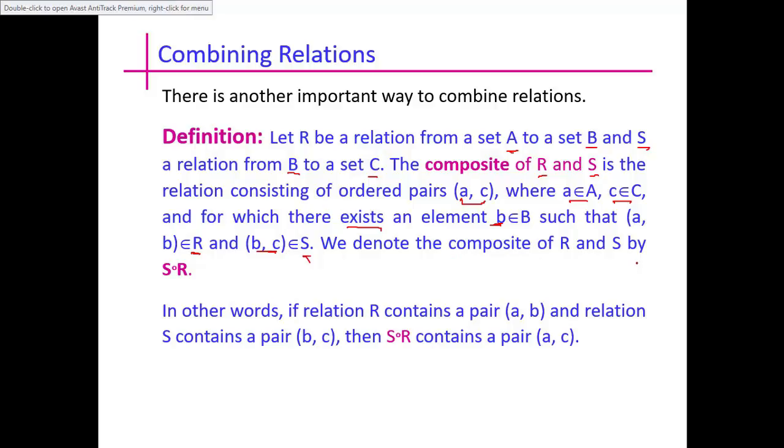So we denote the composite of R and S by S composition R. So we are basically saying that if we have a set A and a set B, and here some element is present which is attached to an element of B in a given relation R, and then there is a set C and a relation S in which that element from B is attached with an element of C. So we can make a relation from set A to set C directly.